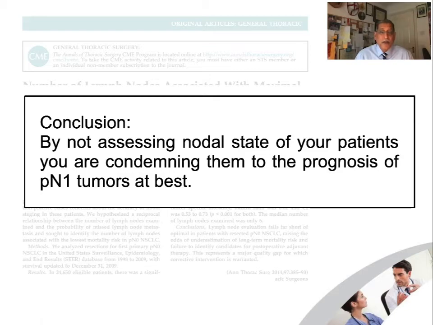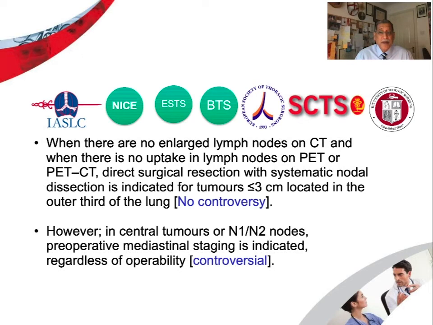All the governing bodies agree on one thing. In a CT negative, PET negative mediastinum, what I would call innocent mediastinum, surgery must be offered up front, without the need for routine EBUS or routine mediastinoscopy. I repeat, no need for routine mediastinoscopy. The operation should include mediastinal nodal dissection, and that is important.